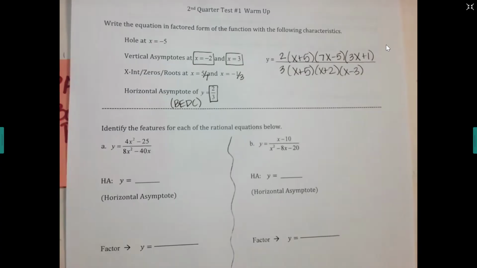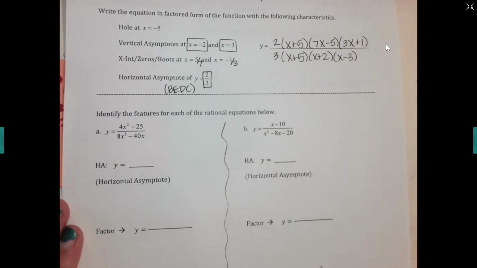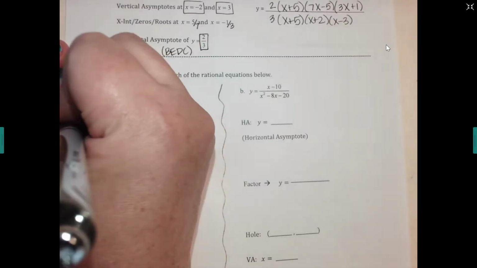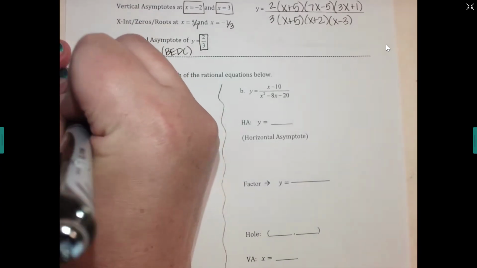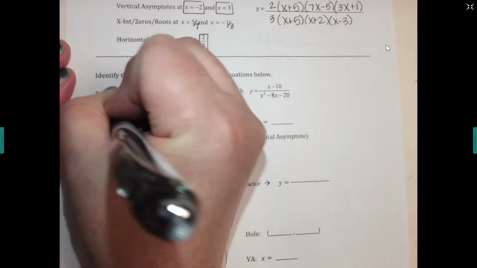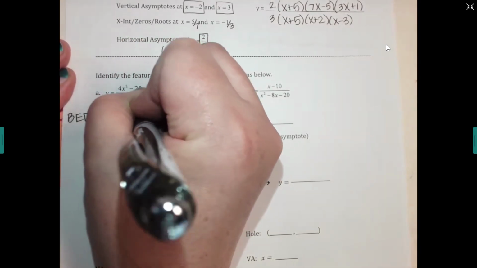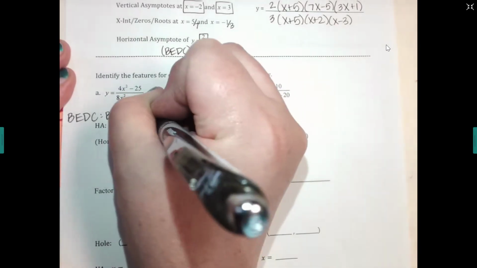Okay? All right, we're going to do 2, finding the different things. So let's start with letter A. Is it a BOBO, a BOTN, or a BEC? It is a BEC. Okay, BEC means that they're both equal. So we're going to divide the coefficients.